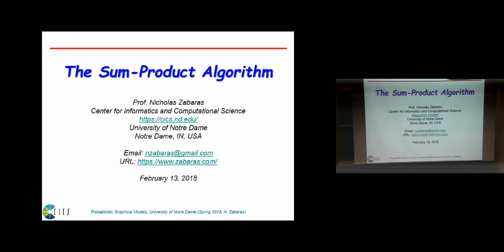So what we need to do is, we're covering general algorithms for inference, and in particular, we were talking about the SumProduct algorithm in trees, which is applicable both for directed and undirected trees. We will summarize this today and give you the algorithm. Hopefully there will be a programming homework on this topic for next week.